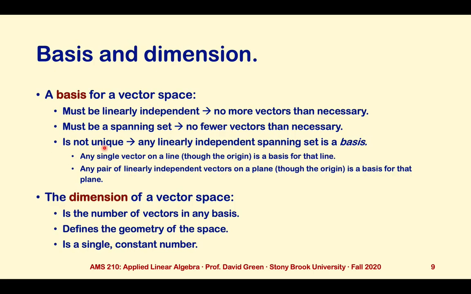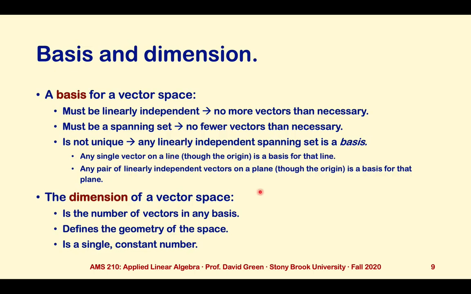Very important to note that a basis is not unique. Any linearly independent spanning set is a basis. And for any vector space, there is an infinite number of bases that we can define. So any single vector on a line through the origin is a basis for that line. And of course, there's an infinite number of such vectors.